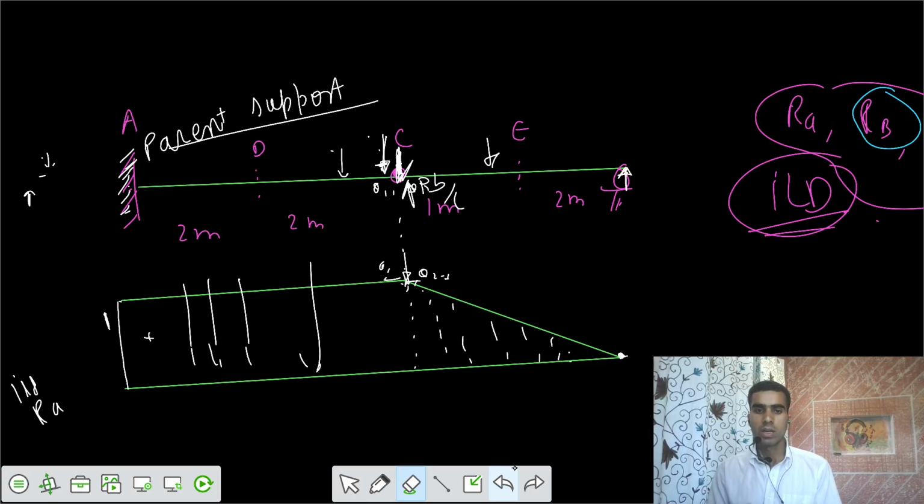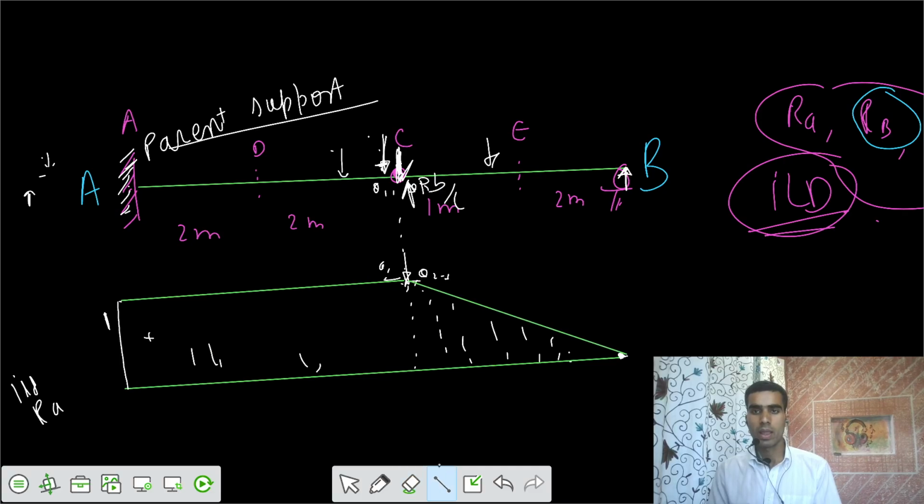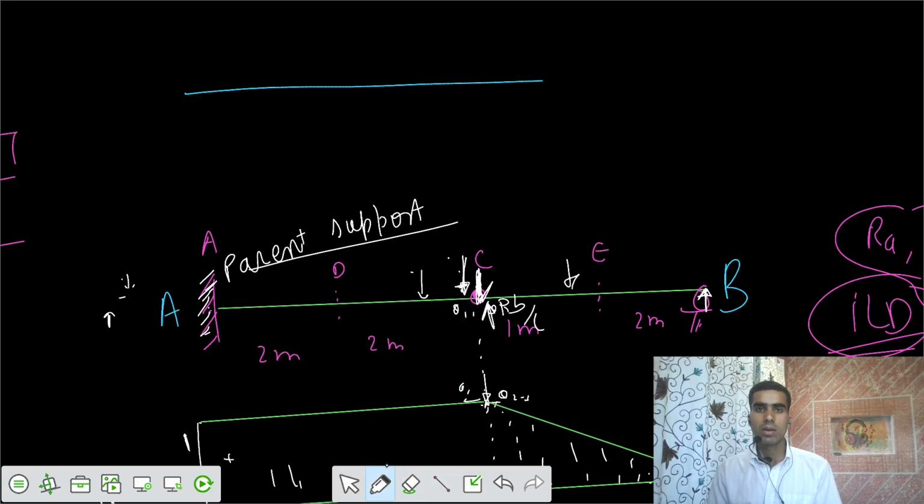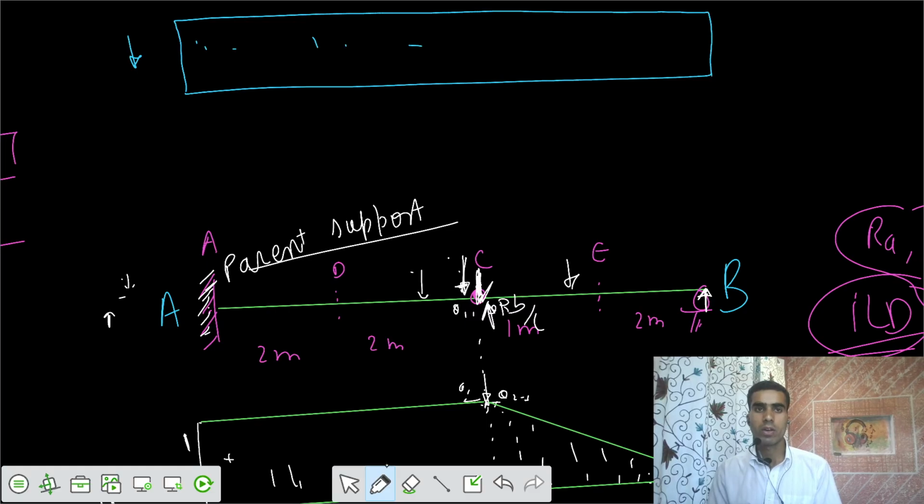This is your support B, and this is your support A. Can you tell me what should be the ILD for the reaction at B? I would say if the load is anywhere, if we make a load diagram, the load is 1 unit anywhere. This is 1 unit of load.